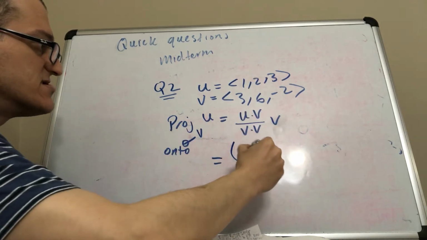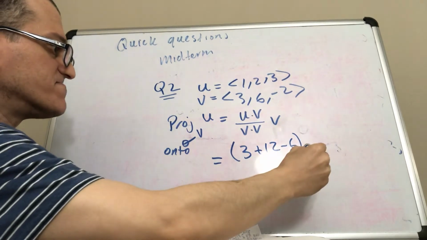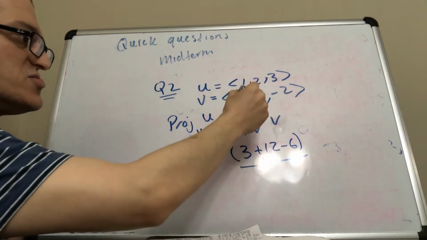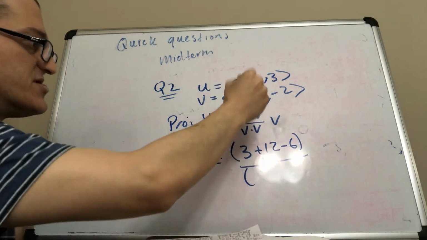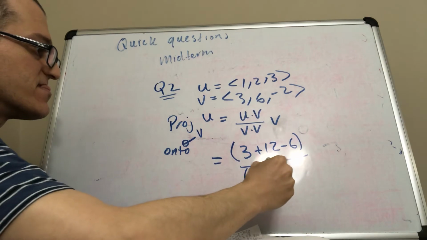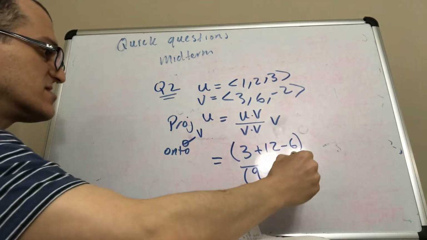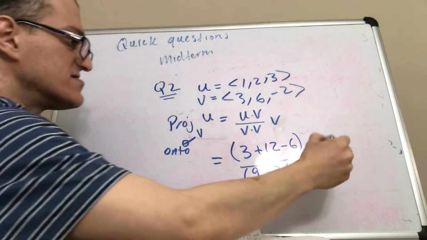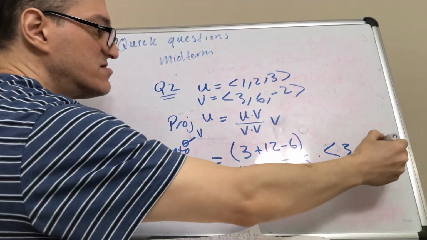This time this is 3, 12, negative 6. v dot v, you do the dot product with itself. 3 times 3, 6 times 6, and minus 2 times 2. And this times the vector v. And that would be your projection.